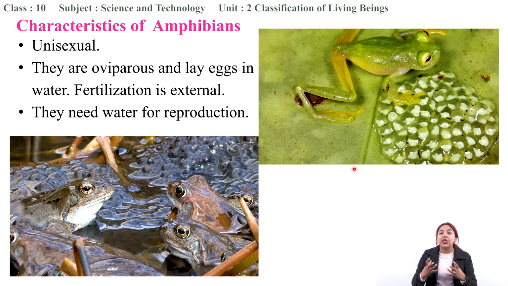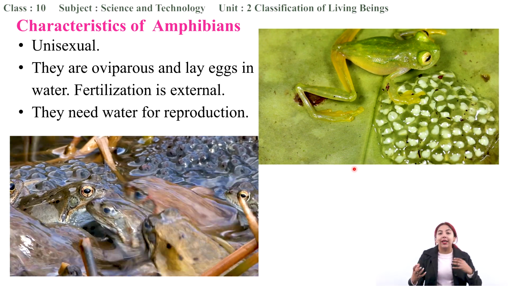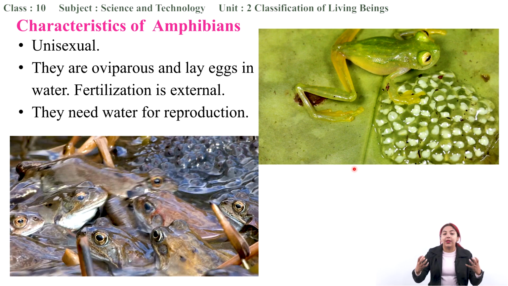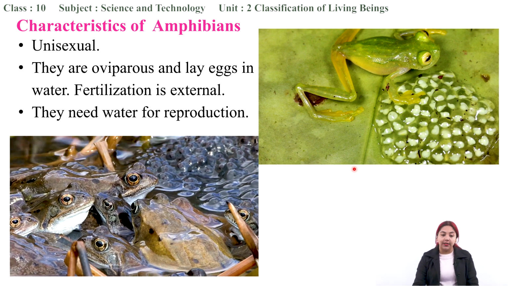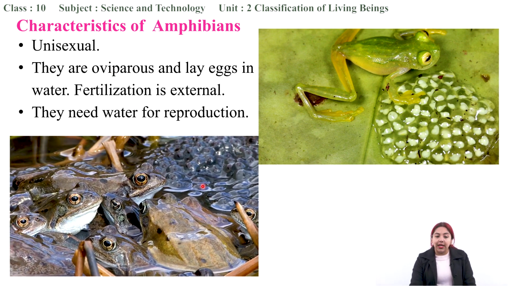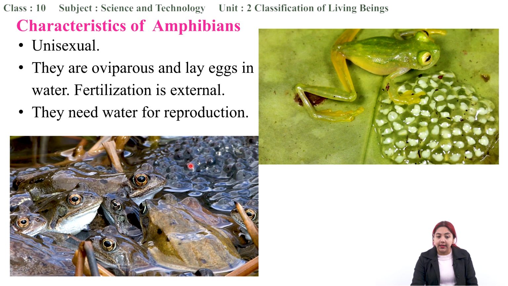They are unisexual organisms, means male and female reproductive organs are present in different organisms. Now they are oviparous, that is, they lay their eggs. But in the case of frogs, they lay their eggs inside water.